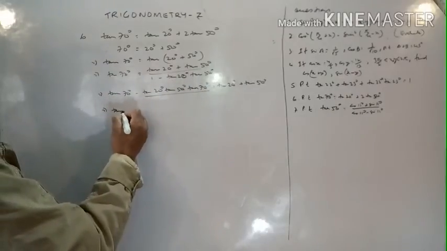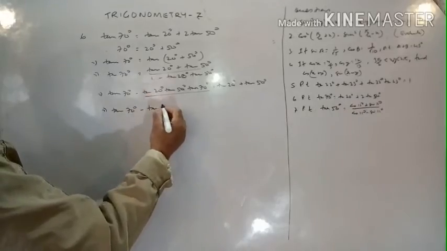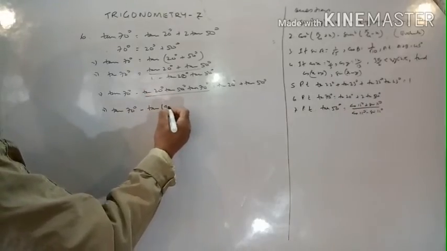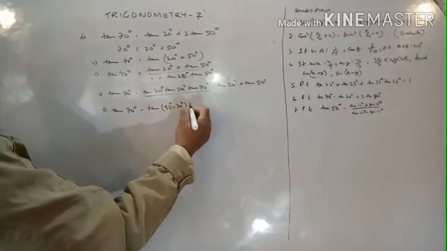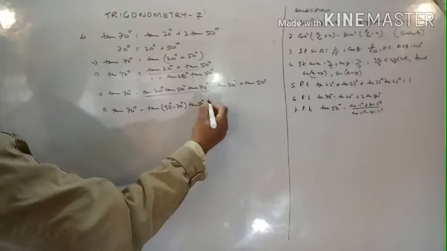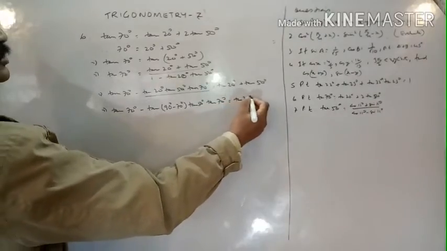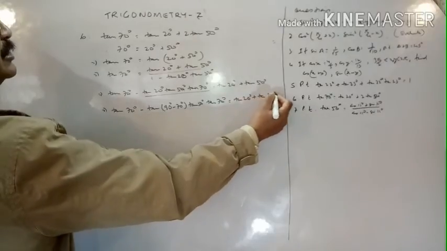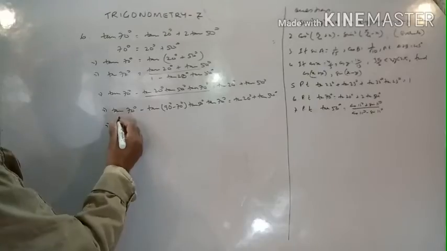We get tan 70 degree minus tan 20, which you can write as tan of 90 degree minus 70 degree, into tan 50 degree as it is, into tan 70 degree as it is, equal to tan 20 degree plus tan 50 degree as it is.